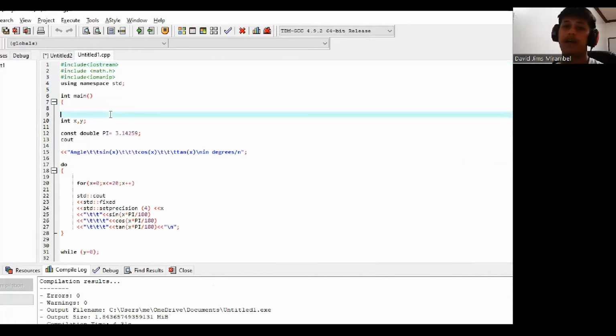Int main is our data type and our variables are the numbers 1 to 20.